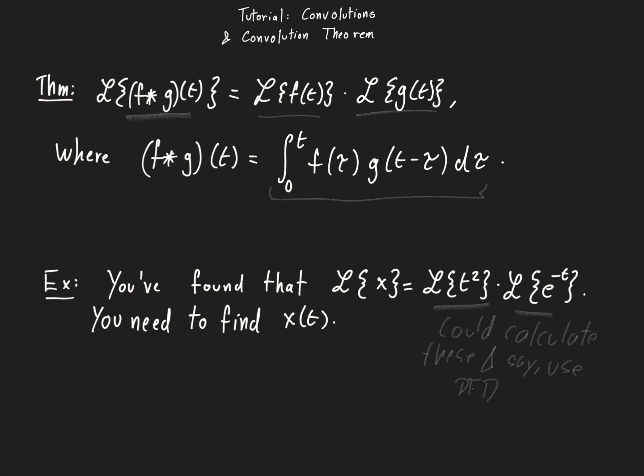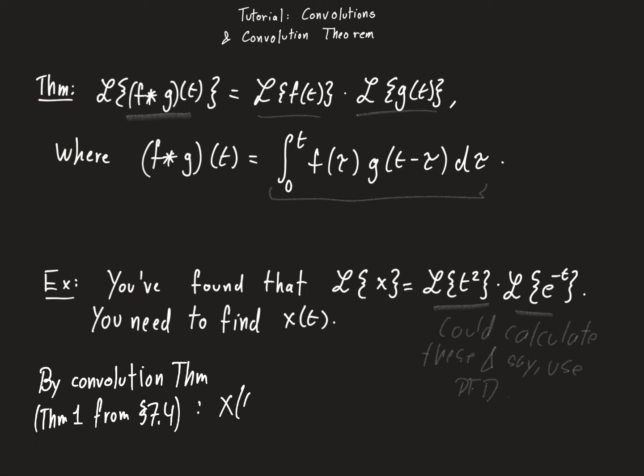Okay, well, how do we do this? The first step is to use convolution theorem. So by convolution theorem, and keep in mind that this is, I believe, theorem 1 from section 7.4, we know that our function x of t has to be equal to the convolution of t squared with e to the negative t.